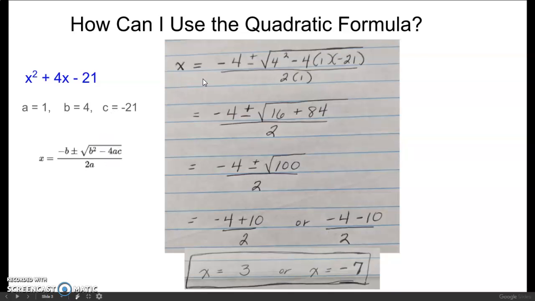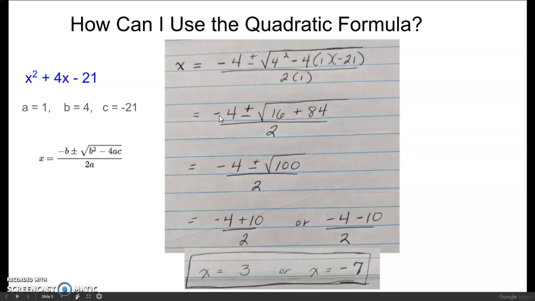Okay, so I have x equals negative b, so since b is 4, it's negative 4, plus or minus the square root of b squared, so 4 squared, minus 4 times a times c, all over 2 times a. So basically all I did here was plug everything in. All right, now I'm actually starting to solve.